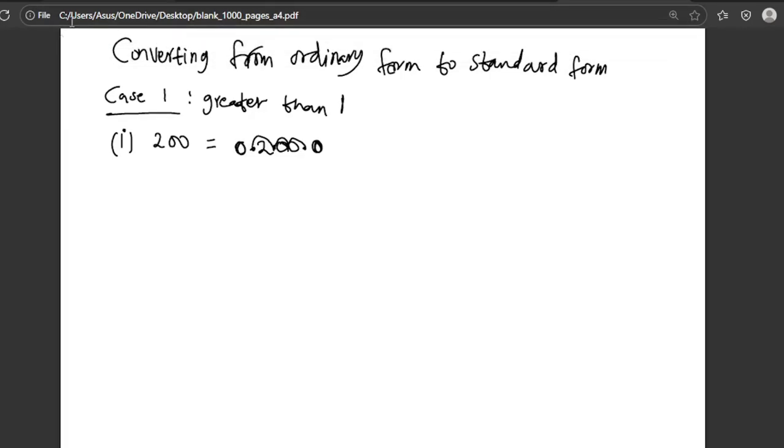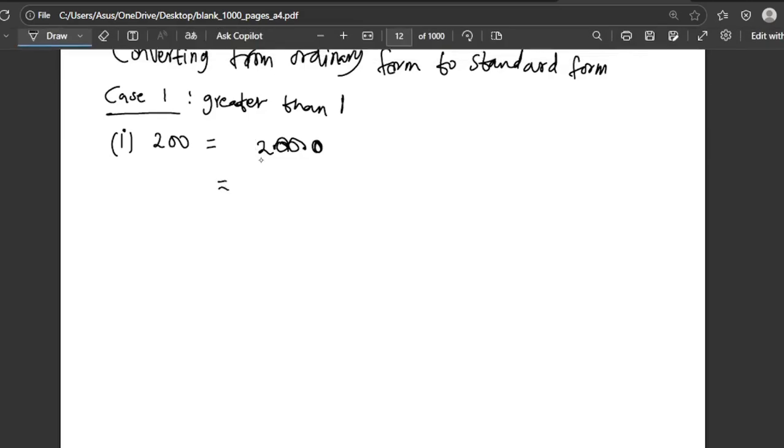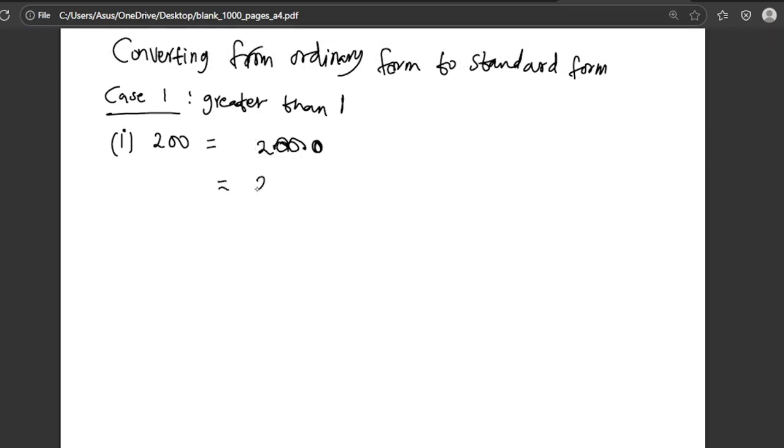So with that, we have 2.00. Remember, there's no more digits here, so we have 2.00. Then times 10 raised to power what? 10 raised to power 2. Why? Because we moved to the left 2 times.